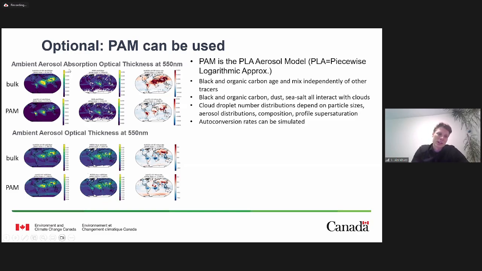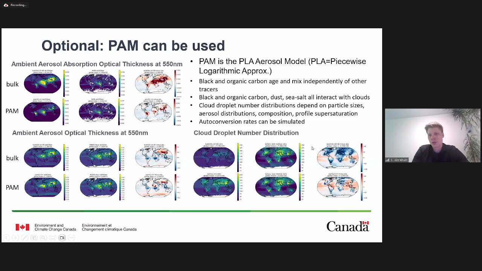As you can see, on the top, bulk is our old approach, whereas PAM is the piecewise log-normal approximation aerosol model. You can see that we can reduce biases in the absorption optical thickness. If we look at the cloud droplet number distributions, we always had large negative biases over the continents, and they are now tremendously reduced by turning on this new submodel.